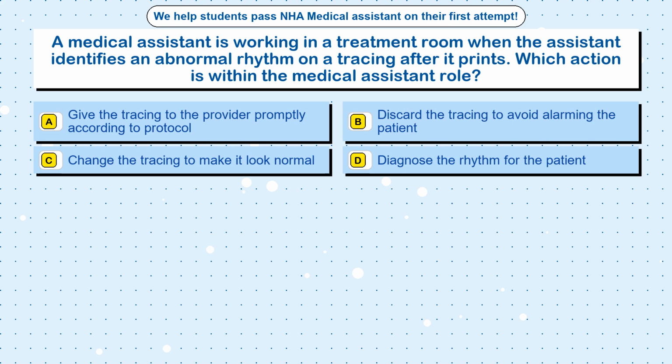Question 91. A medical assistant is working in a treatment room when the assistant identifies an abnormal rhythm on a tracing after it prints. Which action is within the medical assistant role? Option A. Give the tracing to the provider promptly according to protocol. Option B. Discard the tracing to avoid alarming the patient. Option C. Change the tracing to make it look normal. Option D. Diagnose the rhythm for the patient.